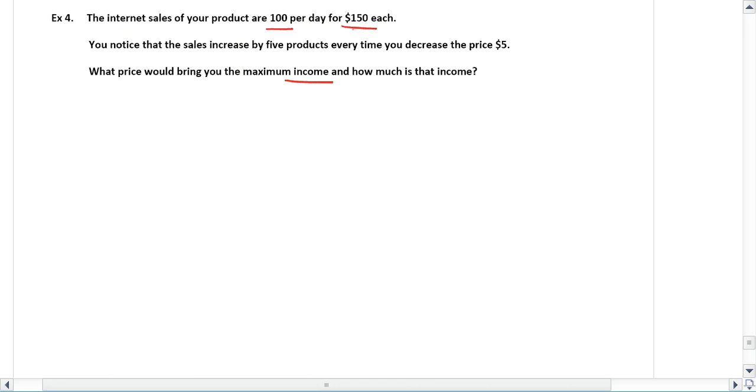But you're wondering if you're getting the maximum income, because as you've noticed over the past few months, every time you drop your price $5, you sell more products. Your sales go up by 5. So you're contemplating this, and you want to look at a parabola, a quadratic here, to see if you're at the maximum price, if this 150 is bringing in as much money as you could make.